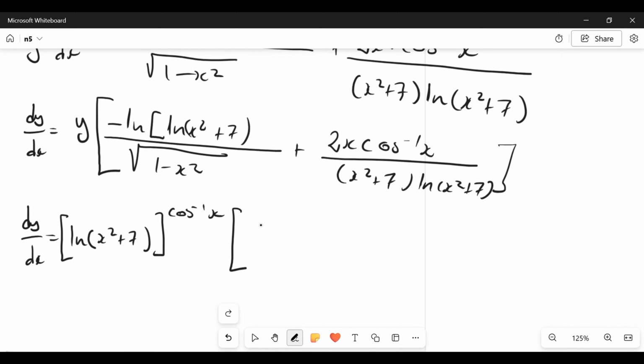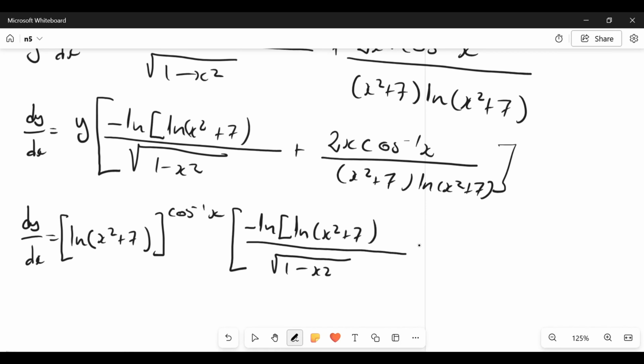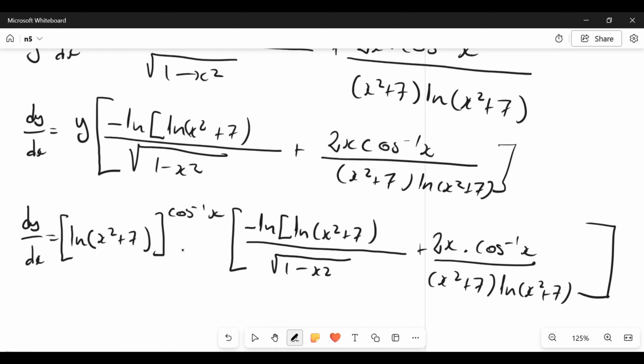Then we multiply by negative ln(ln(x squared plus 7)) divided by root of 1 minus x squared, plus 2x multiplied by arc cos x divided by (x squared plus 7) ln(x squared plus 7), and then we close the bracket. So here, guys, this is our final answer.